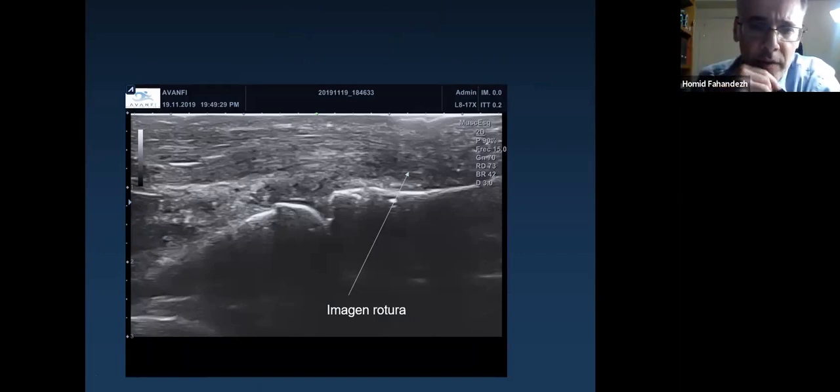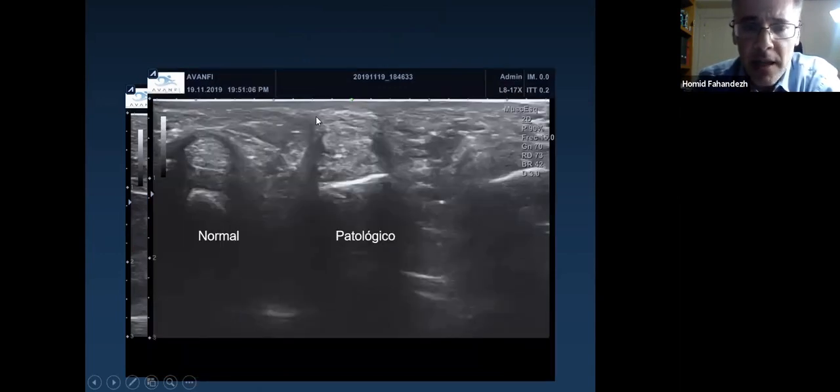adherence of the tendon. And here you can see the tendon rupture in this plane, but especially in this case in the short axis, this is the normal tendon, the normal appearance, and you can see here this ultrasound image, where it is pathologic.